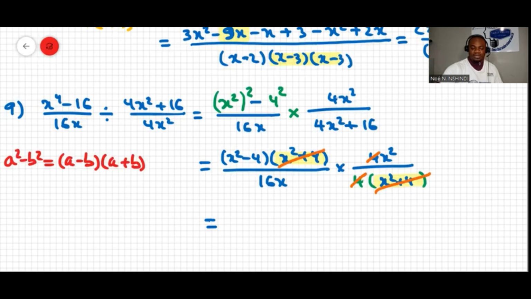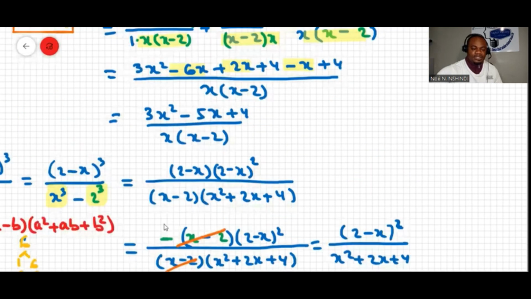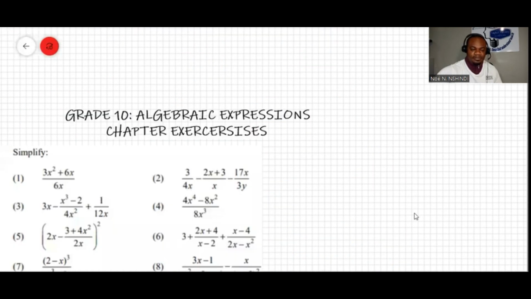Then we are left with x squared times x squared minus 4, the bracket, all over 16x. Cannot simplify more, and that was the last question in this series. Okay, thank you.